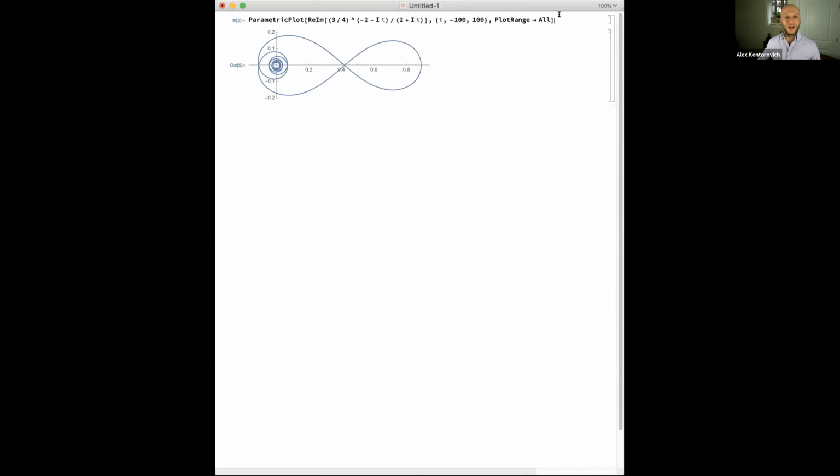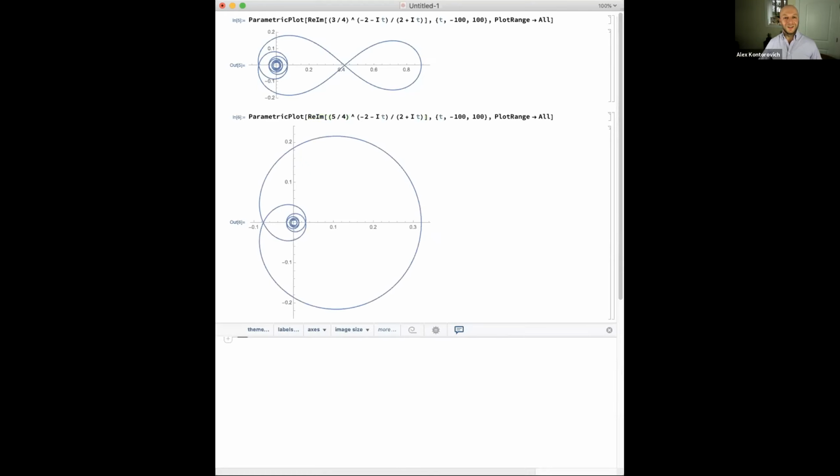If I put in a number greater than 1, like 5/4, now the plot, instead of having this loop, just has a circle, and believe it or not, all of these values still add up to 0. So the total integral if t is bigger than 1 is 0, whereas the total integral if t is less than 1 is not.